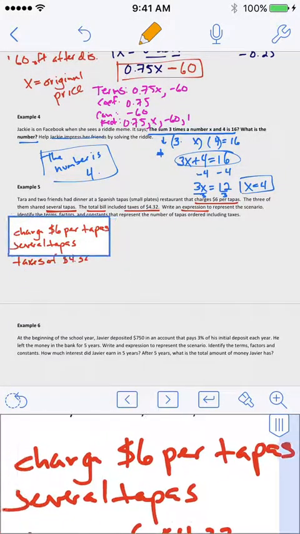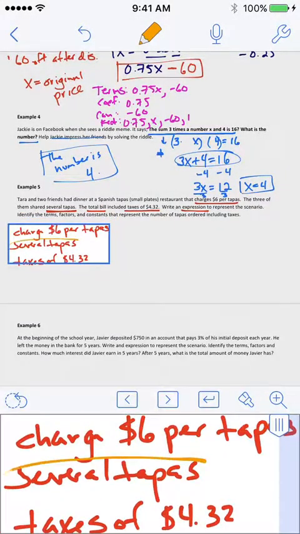Okay, so from this information, I can tell that this is probably going to be our X. Keywords like that, those generic ones, several, a bunch, a few, usually translate to your X. Now, they also come out of the question, right? The question is to write an expression, so the expression is going to be our answer. But we still also need to define an X.